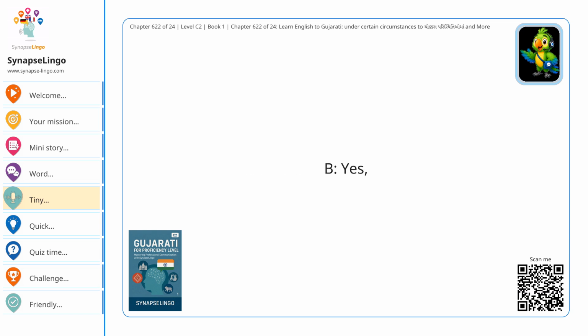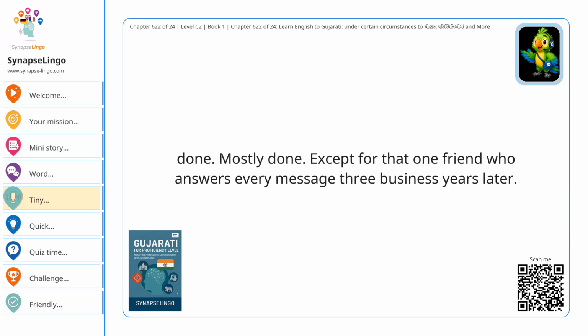B. Yes. જરૂર પડે તો. A. Is the plan ready? B. મોટા ભાગે. Largely yes. A. And the guest list? B. મોટા ભાગે. Done. Mostly done. Except for that one friend who answers every message 3 business years later.